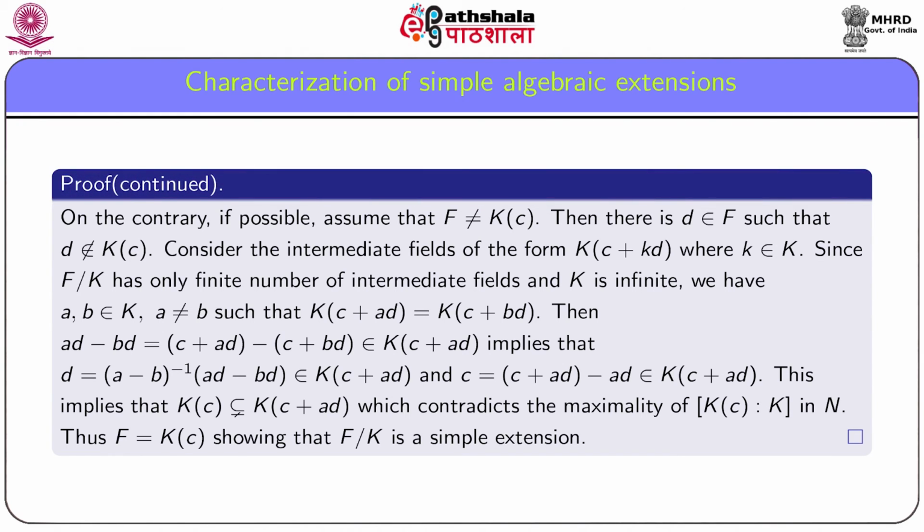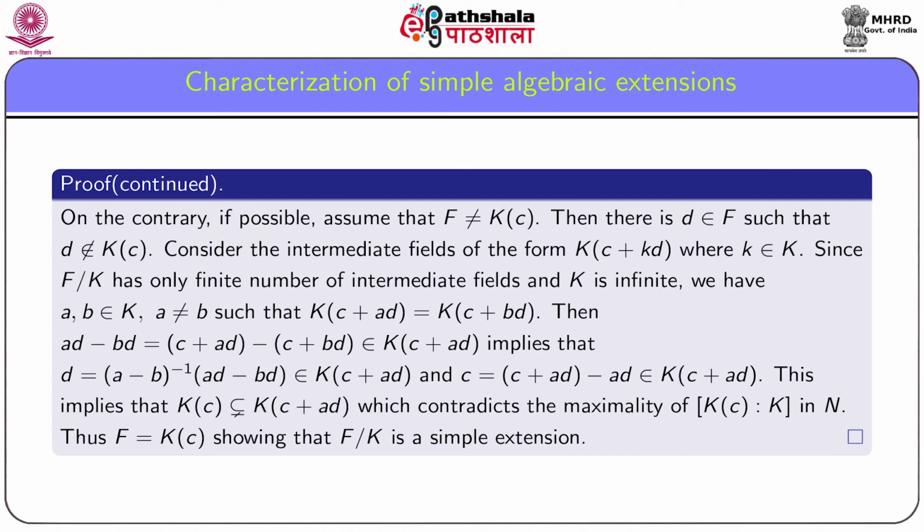Here we actually show that F is equal to K(c). On the contrary, if possible, assume that F is not equal to K(c). Then there is some d in F such that d does not belong to K(c). Consider the intermediate fields of the form K(c plus kd), where k runs over K. Since F over K has only finite number of intermediate fields and K is an infinite field, we must have some a, b in K which are distinct, but K(c plus ad) is equal to K(c plus bd).